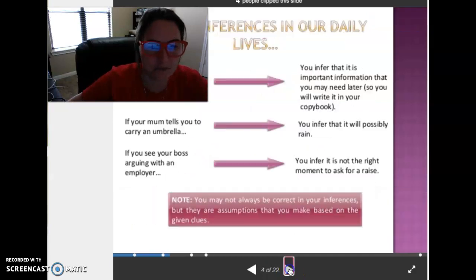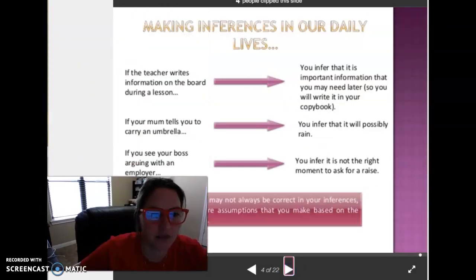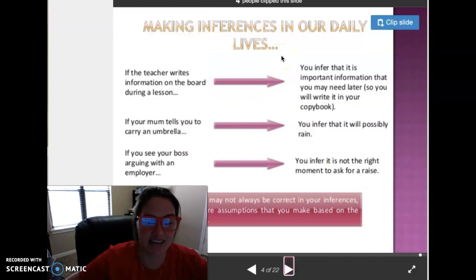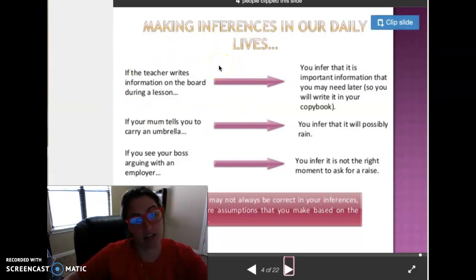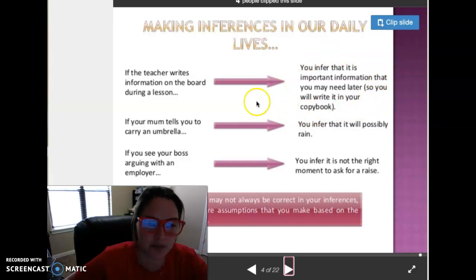Okay. All right. So, making inferences in our daily lives. I've told you multiple times that we do this every day without even knowing we're doing it. If the teacher writes information on the board during a lesson, you can infer that it's important information that you may need to know later. So typically you write it in your notebook.